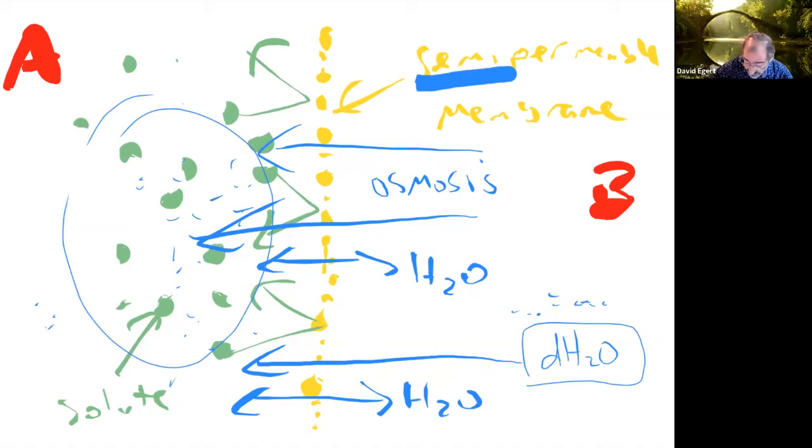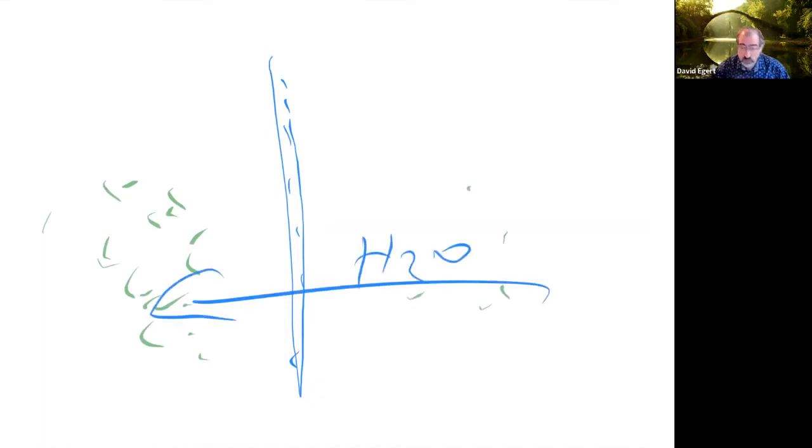And again, for me, the intuitive way to think about it is, if I have some membrane here and one side has more stuff dissolved and one side has less dissolved, water always goes towards the side that has more stuff dissolved in it.